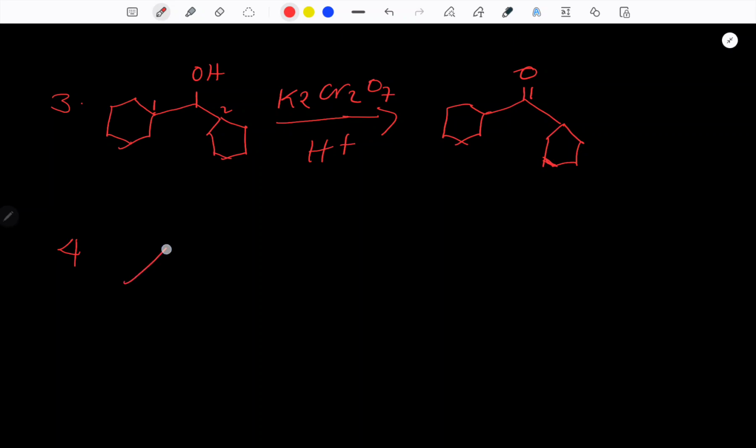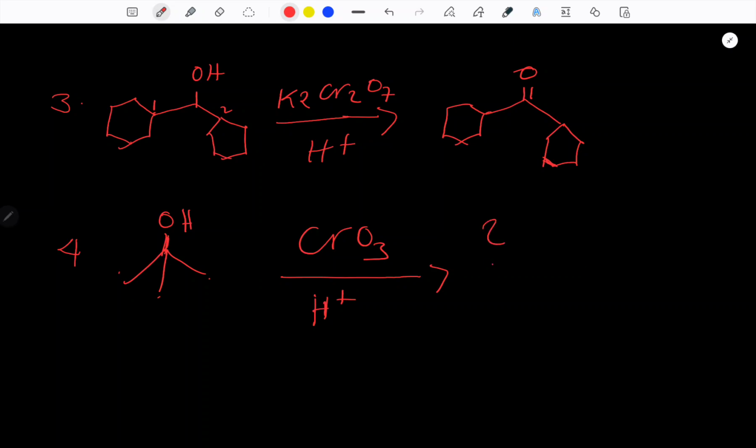What if they have given you a... okay, let us check this. This carbon is connected to carbon 1, 2, 3, meaning this is not a primary, this is not a secondary, but a tertiary alcohol. Sometimes they can put CrO3 with H plus, then they decide to put the answer.